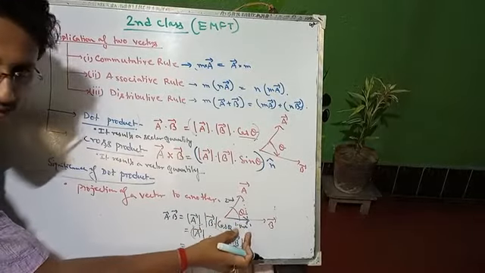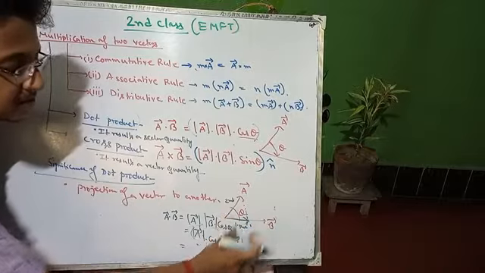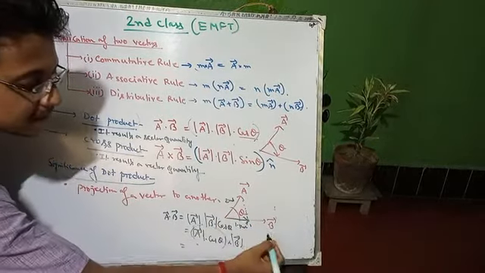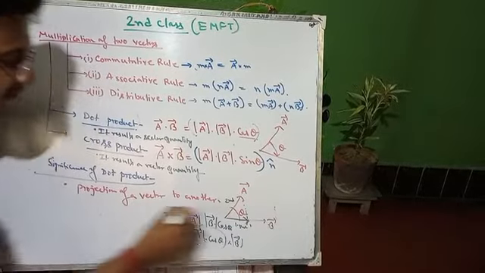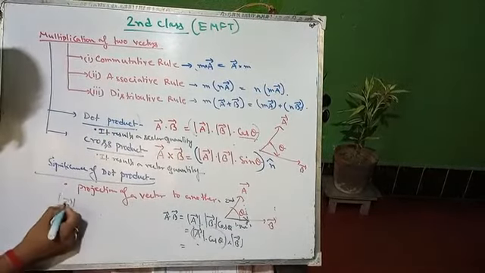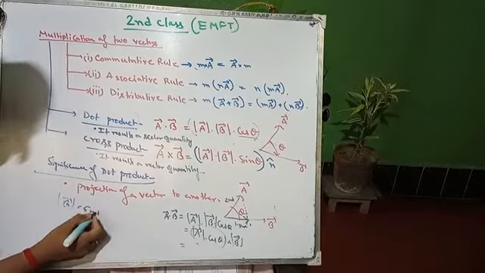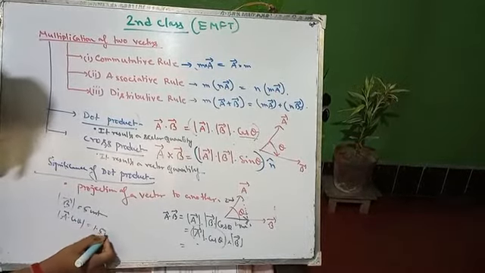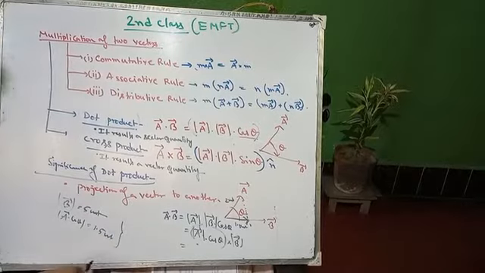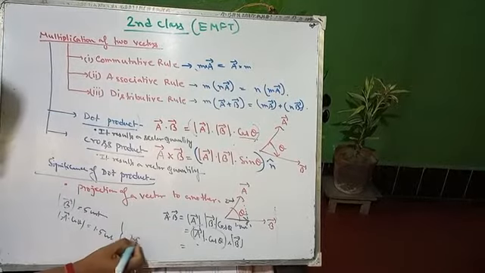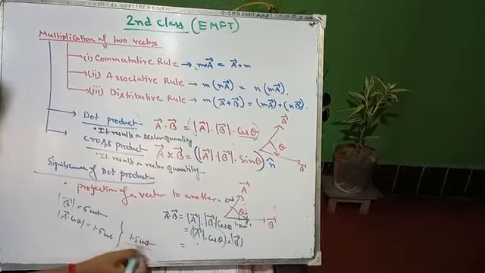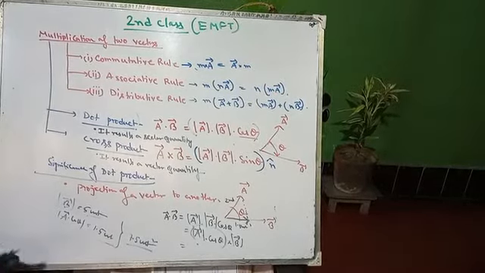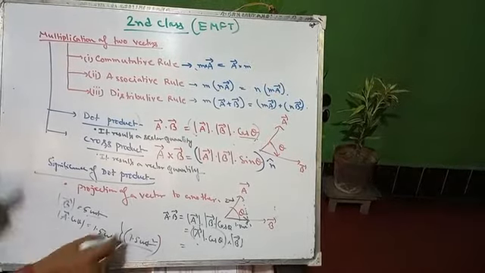A cos theta has some magnitude, and B has some magnitude. Suppose A cos theta is 1.5 units and magnitude of B is 5 units. Just multiplying them, you will get 7.5 unit square, unit into unit. So 7.5 unit square has no direction.